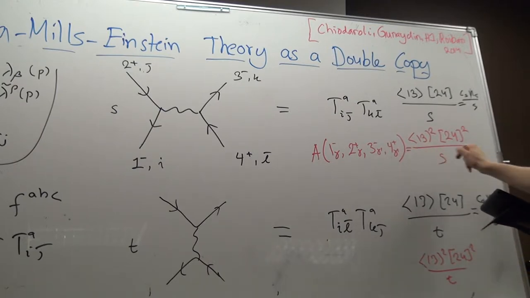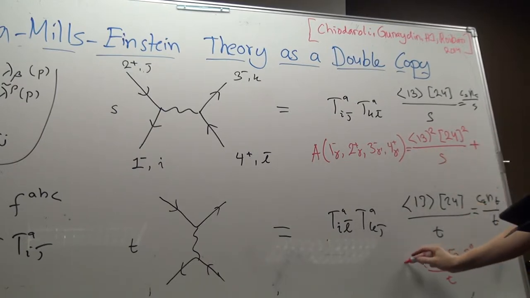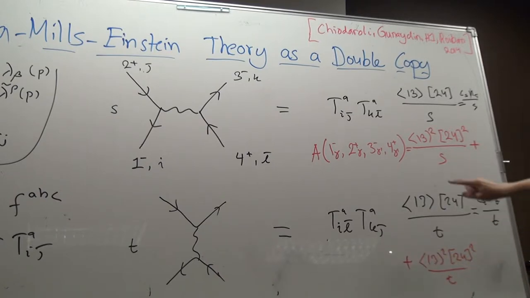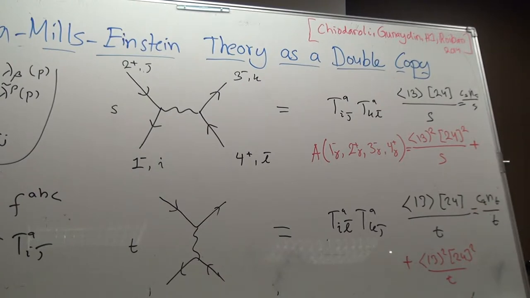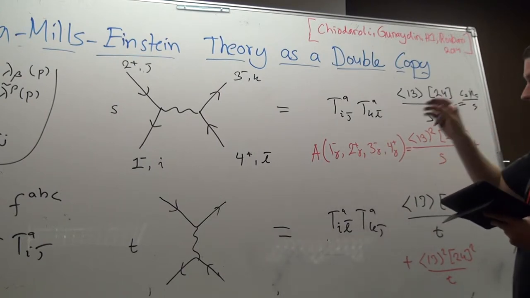So if I add this term and that term, so let me denote it like that, then I can just remove the prime here. Then it's just a 4 photon amplitude. It's basically 4 photons which only interact gravitationally.